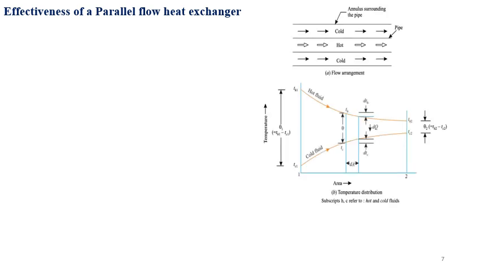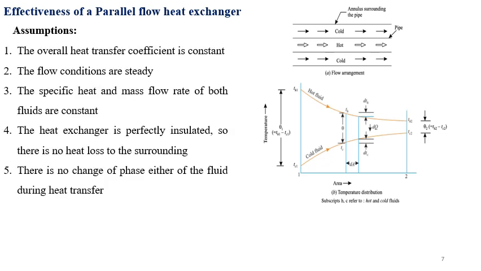So, coming to the effectiveness of a parallel flow heat exchanger by NTU method, the first half of the derivation is similar to the LMTD method. You have to draw the diagram of the parallel flow heat exchanger and the temperature profile for it, and the assumptions are also the same.